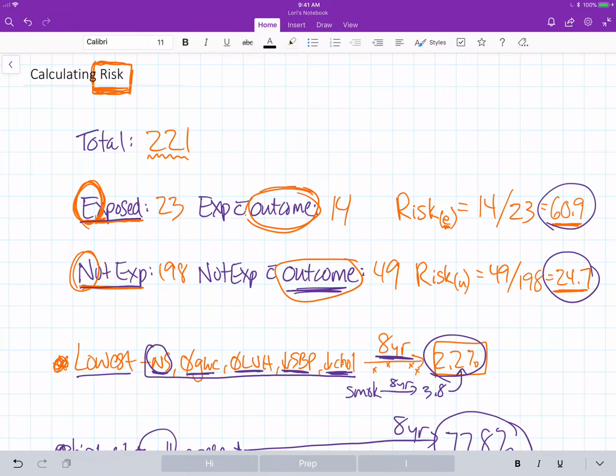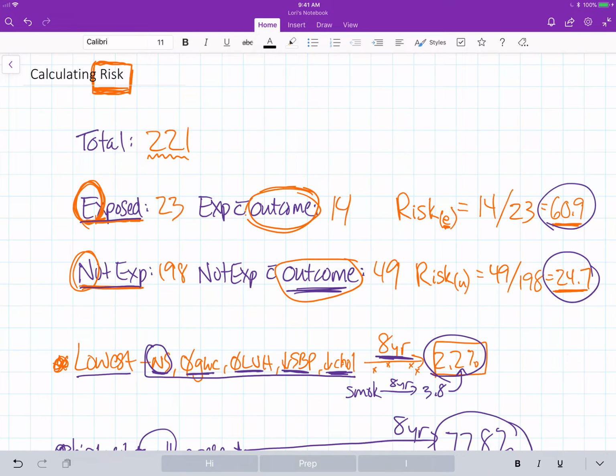I think they do. And then we followed them forward in time and found out about their actual disease, the suicide attempt. And there were then 14 of the exposed who developed that disease, and 49 among the not exposed who developed that particular disease or outcome. Now, one of the things that we can do is we can fill in these particular other numbers.